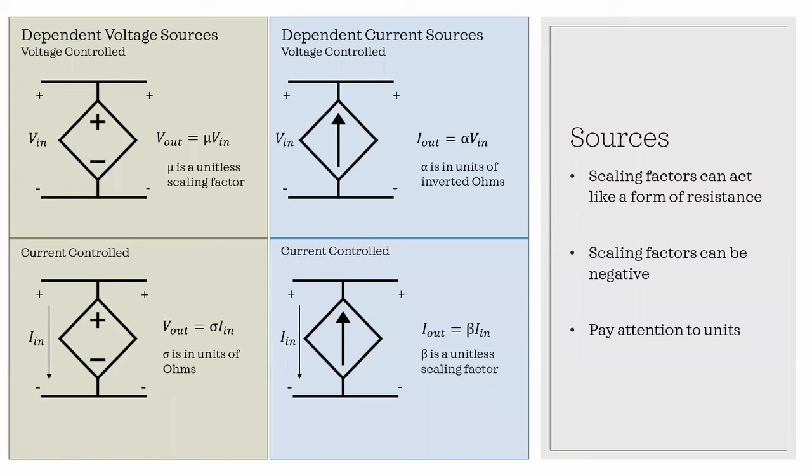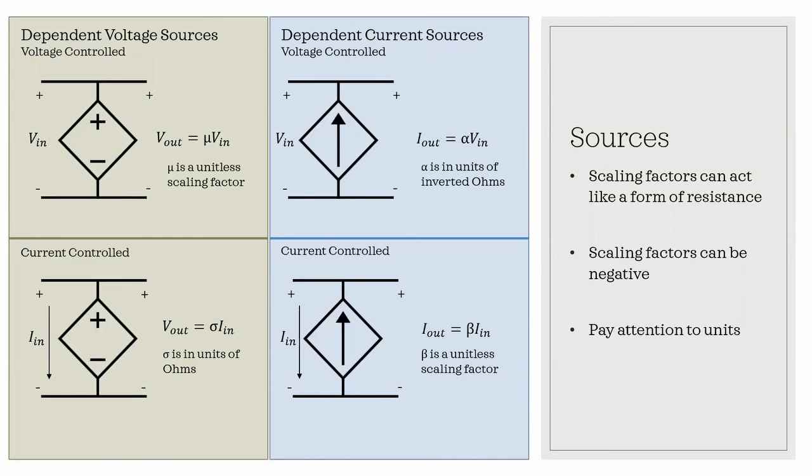On the bottom right, if our current output is controlled by a current input, the scaling factor is beta, which does not have units in this case, just a simple unitless scaling factor. As a rule, the scaling factor multiplies the input to produce output. We can also include a shift up or down by including independent sources, but we would usually handle these separately from each other to make our math more simple.